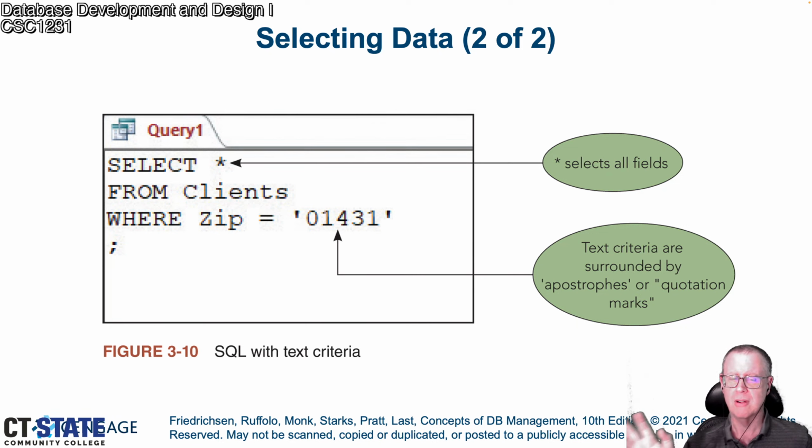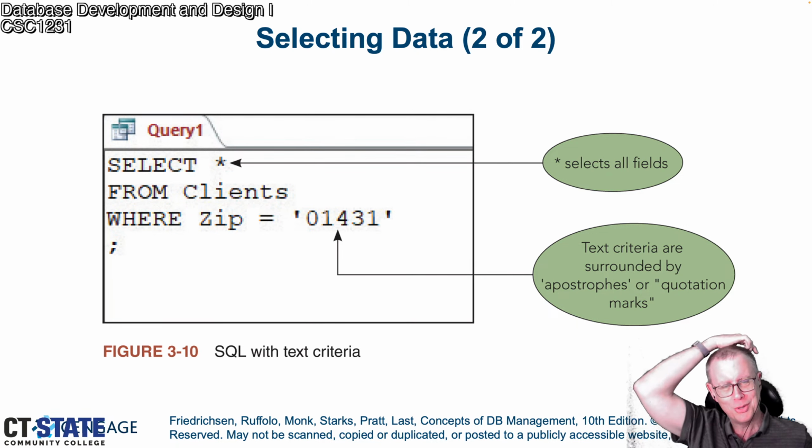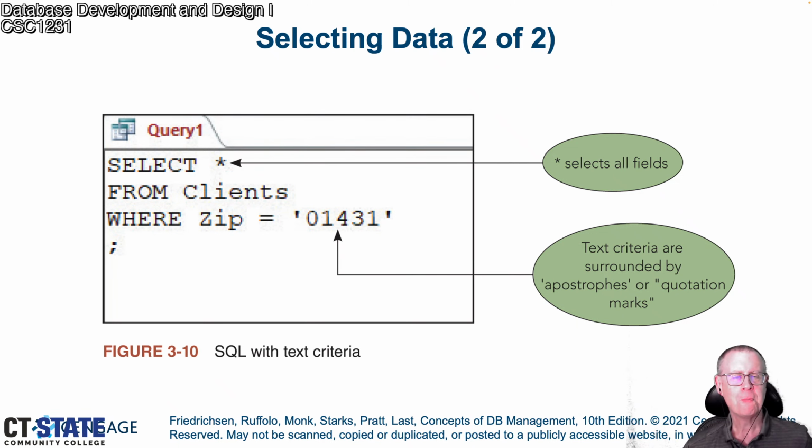I could be wrong. I only really know the Connecticut numbers. So that's why instead of just saying zip equals 01431, there are apostrophes or single quotes or double quotes around the text, because this is a text field, it's not a numerical field.